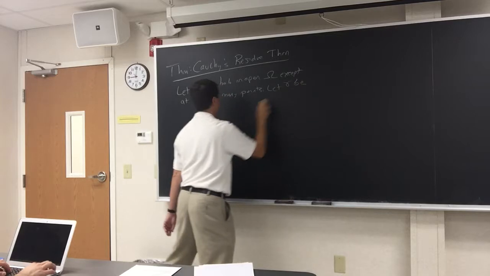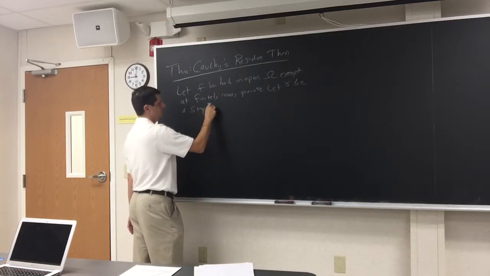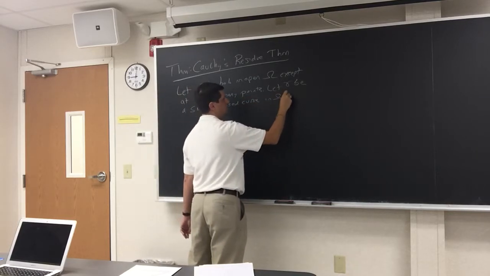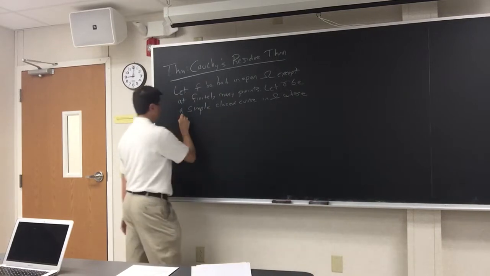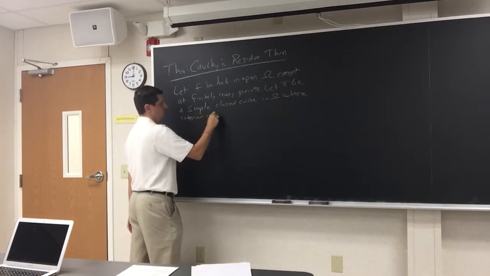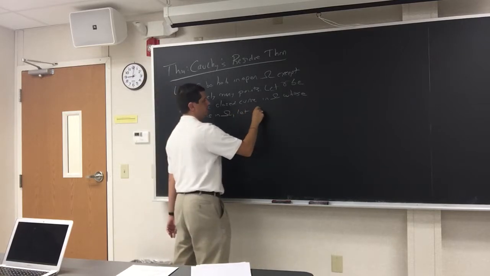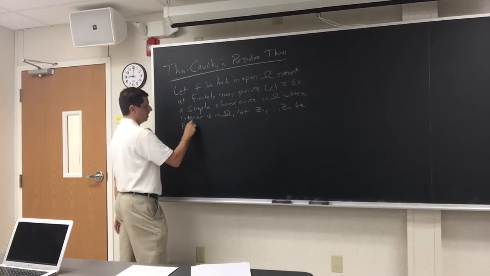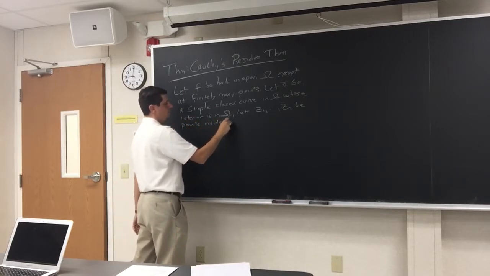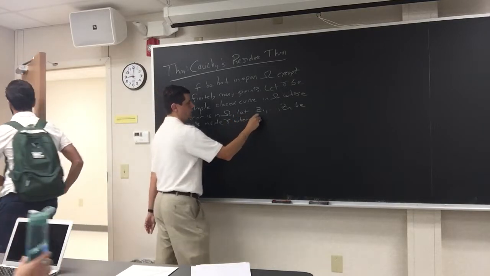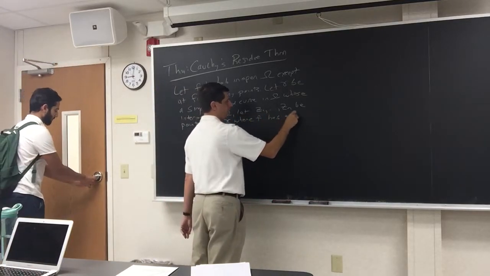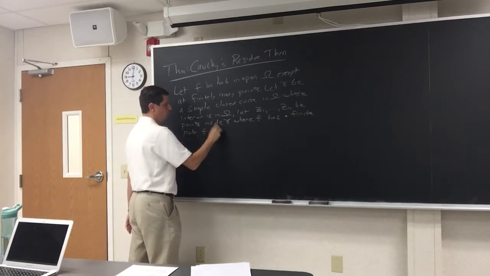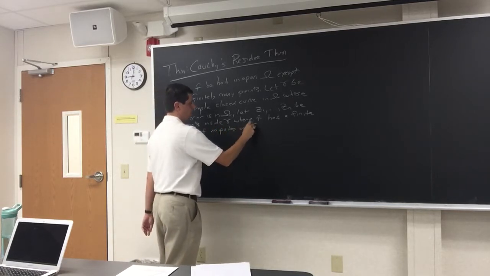Let gamma be a simple closed curve in omega whose interior is in omega. Let z1 to zn be the points inside omega where F has a finite pole. F has no poles on gamma.